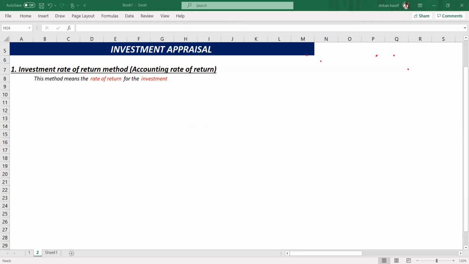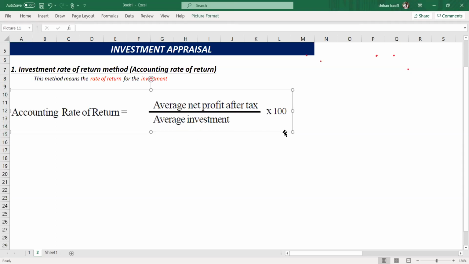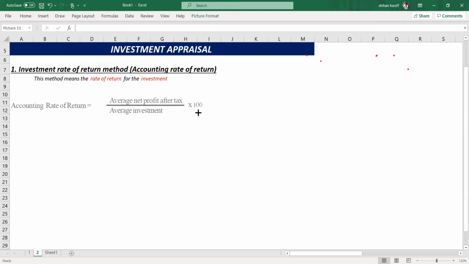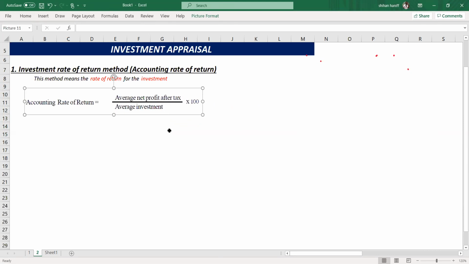The equation is accounting rate of return equals average net profit after tax divided by average investment.